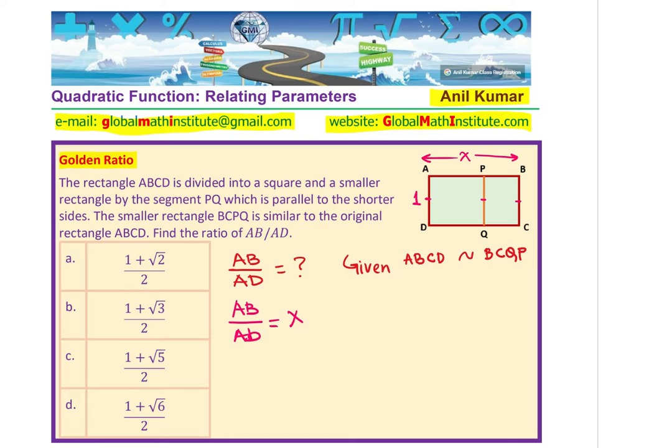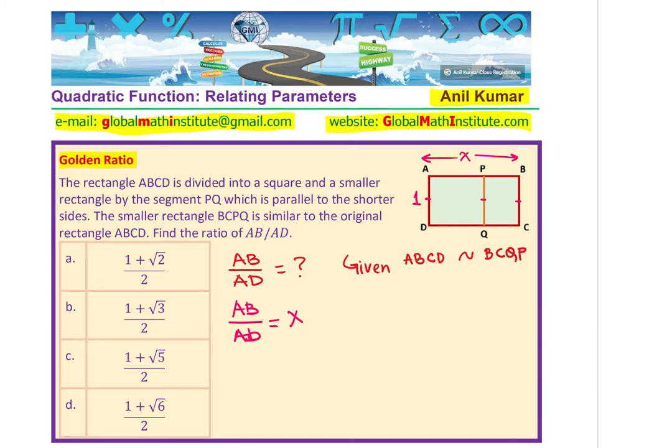So what is AB over AD? AB is basically the longer side of the rectangle, so we have the ratio of the longer side over the longer side of the other one, correct?